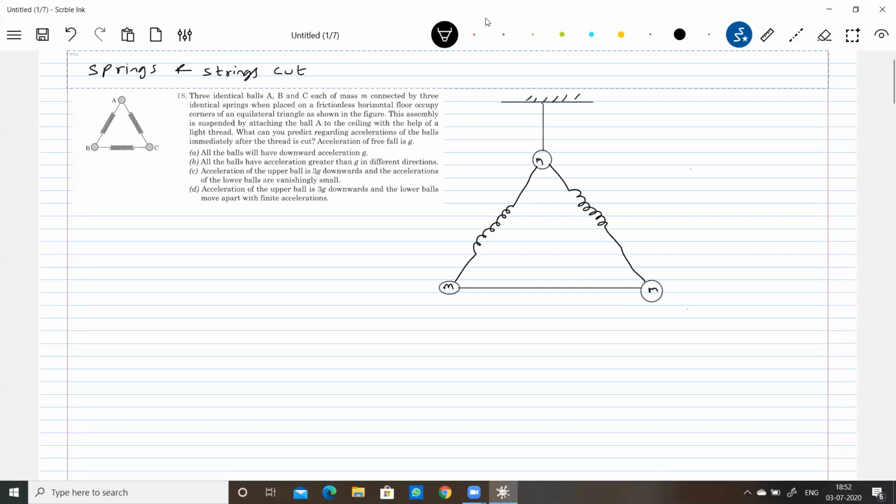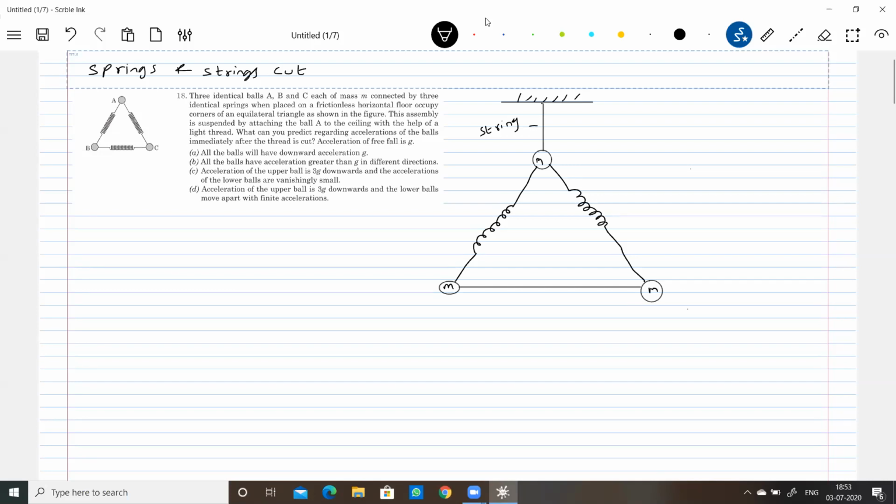Now which part of the string is cut? This string is what is going to be cut. Three identical balls, A, B, C, each of mass m, connected by 3 identical springs when placed on a frictionless horizontal floor, occupy corners of an equilateral triangle.